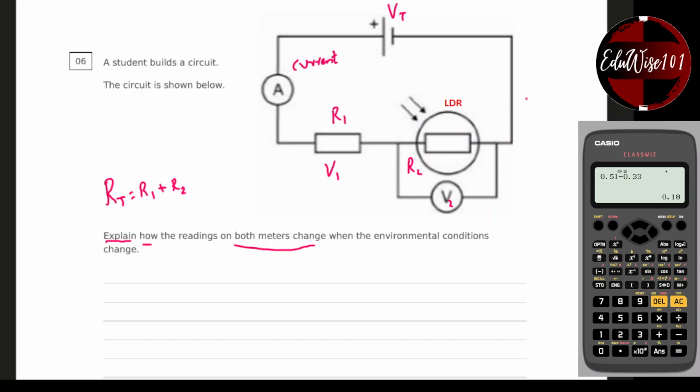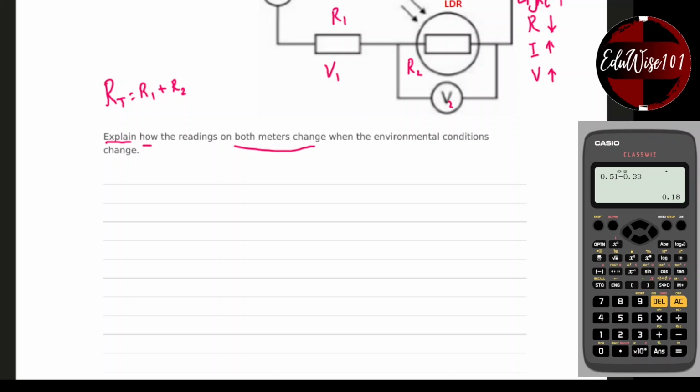So if the light intensity increases, resistance will go down, the current will increase. That means the potential difference across this will also increase. Because the potential difference across this is increasing, right? Now remember, the total potential difference from the power supply has to be shared between these two components. Right? How do I explain all of this that I have gone through to get 6 marks?